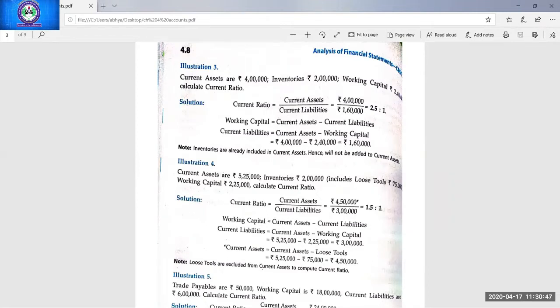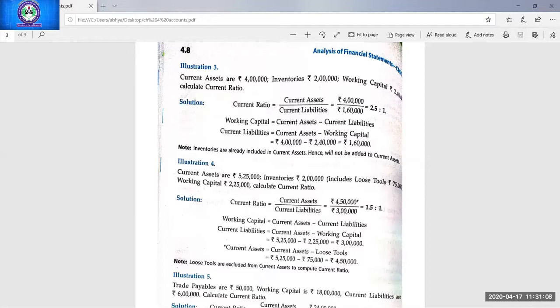Just check it out. Working capital: again, I have given you the formula for working capital, current assets minus current liabilities. So current liabilities we can find out by using current assets minus working capital. Current assets are 5,25,000. I think some people must have deducted 75,000 from this.